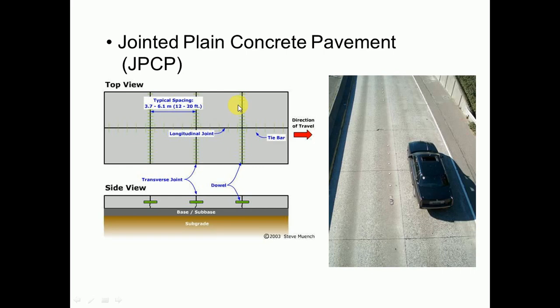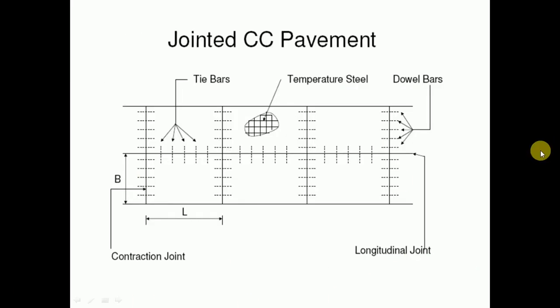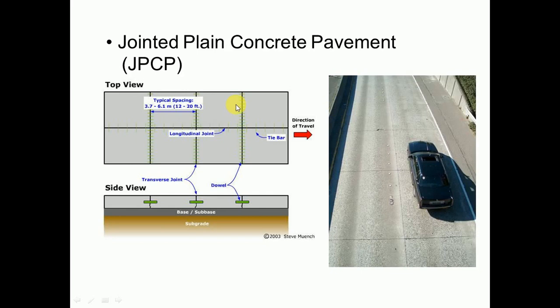One end is fixed, one end is movable, to allow for expansion and contraction of the slab and accommodate this movement. So these bars are called dowel bars. These are the dowel bars provided here. Another view of the dowel bars is here, at the transverse joint. And these bars between the two adjacent slabs are called the tie bars.